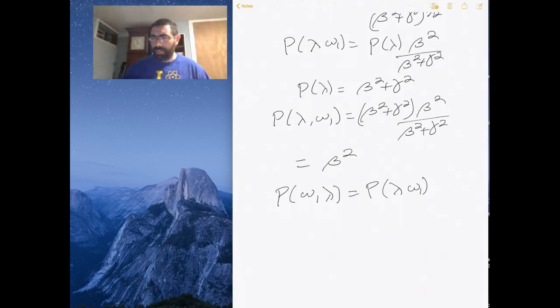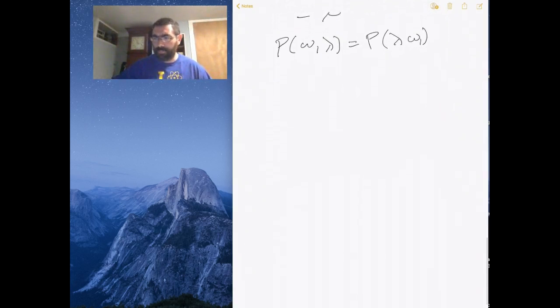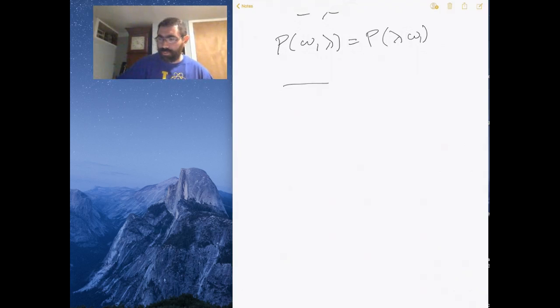You can think about this kind of like energy levels in the atom, where this is the first state, second state, third state, fourth state.